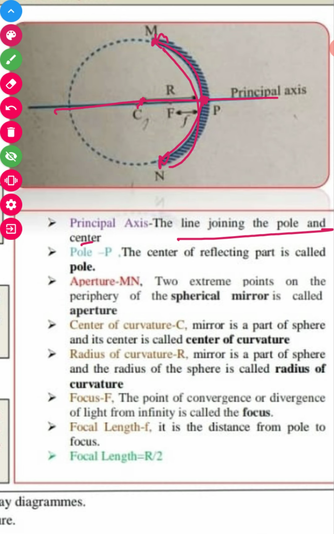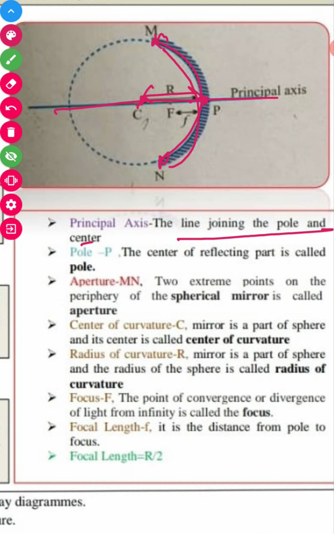Center of curvature: the mirror is a part of a sphere, and the center of that sphere is called the center of curvature. Radius of curvature: the radius of that sphere is called the radius of curvature.